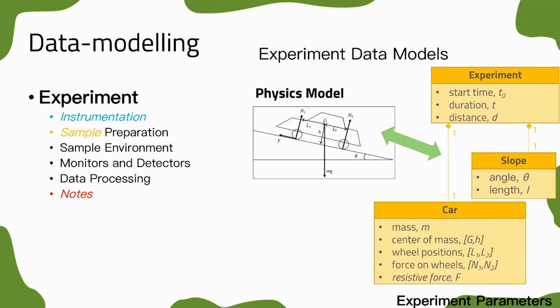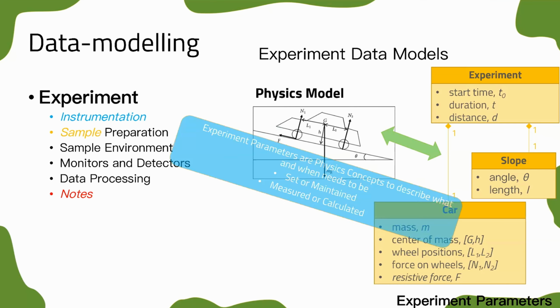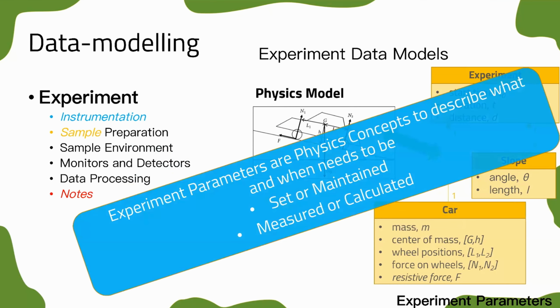These experiment parameters are connected to the physics model, and using physics terms, that's how it becomes interoperable. And at that level, this is very easy and very good. We can use experiment parameters, which are physics concepts, to describe what and when needs to be set or maintained, measured or calculated during our experiments or afterwards in data analysis.